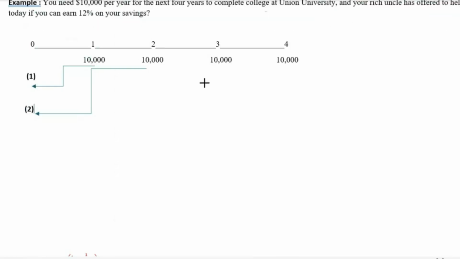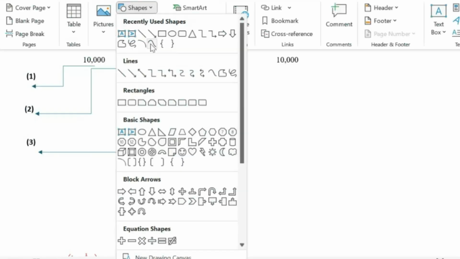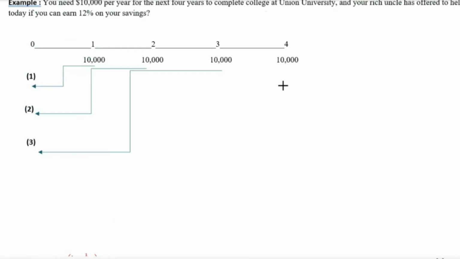And the third check, you put in a 3 year CD, to make sure it grows to $10,000 in year 3. The fourth check, you put in a 4 year CD, to make sure it will grow to $10,000.